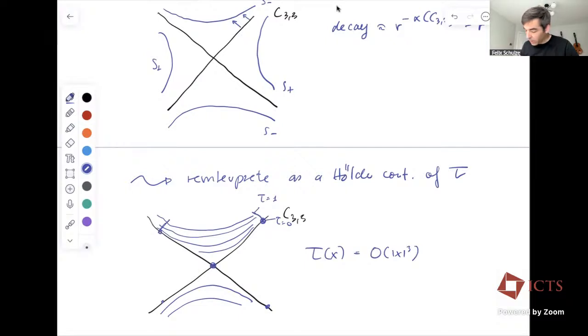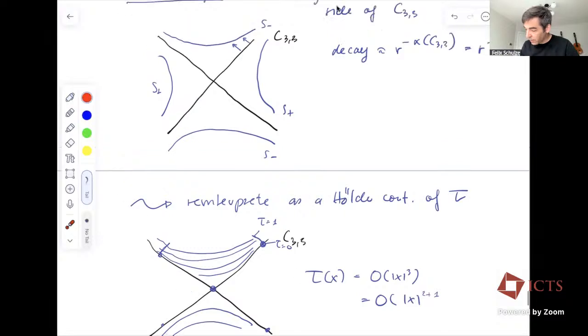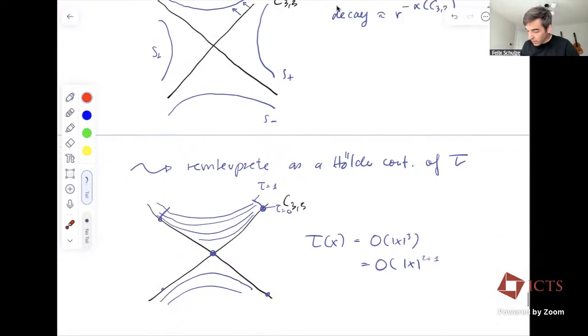You can always check, and you can write this as O of x to the power 2 plus 1, where the 2 here comes from this decay rate, and the plus 1 comes from the scaling in this problem. So this means this timestamp function close to a singularity is Hölder continuous of order 3.